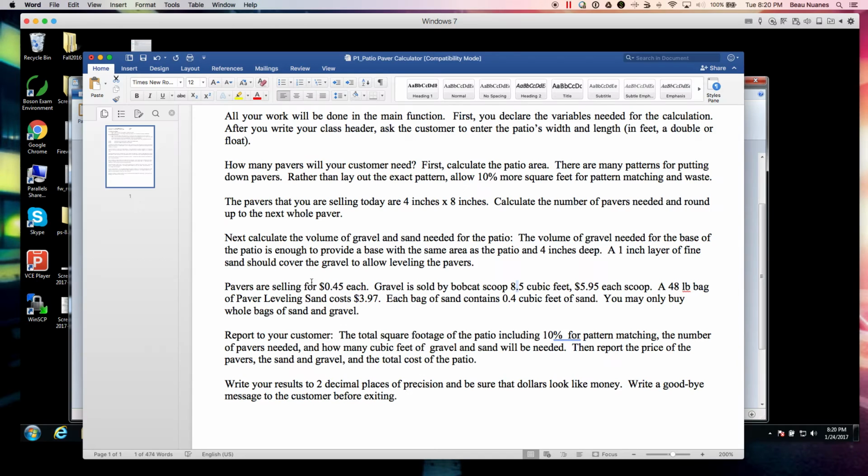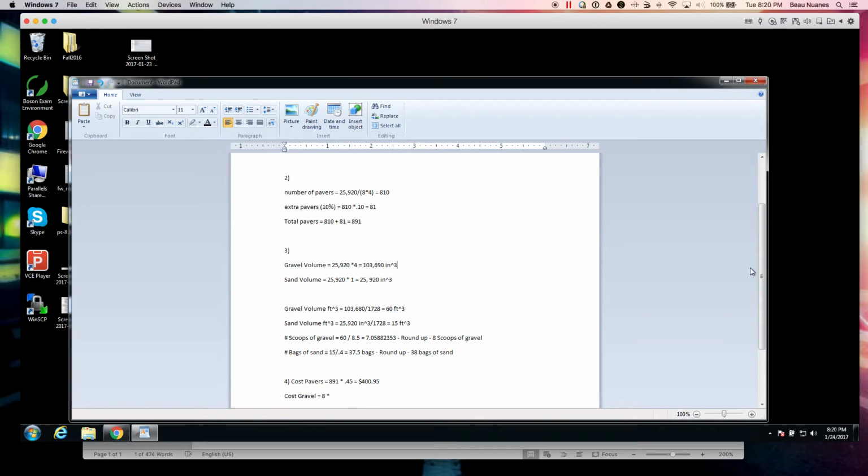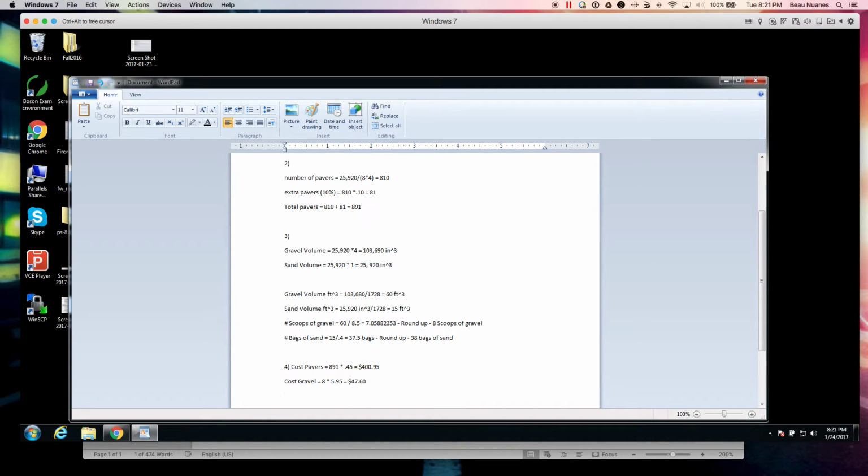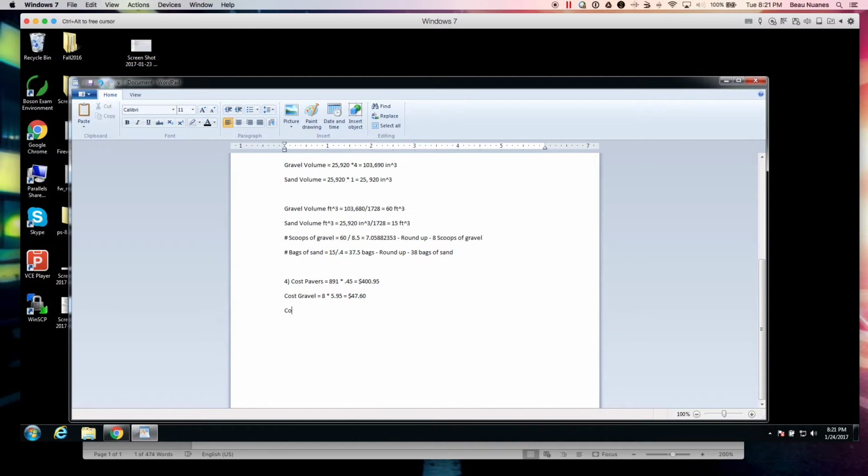Cost per scoop is $5.95 right there. $47.60. And the cost of the sand, we had 38 bags. Each bag is going to cost, I'm not going to go over the spec now, but $3.97 per spec, which is going to equal $150.86.